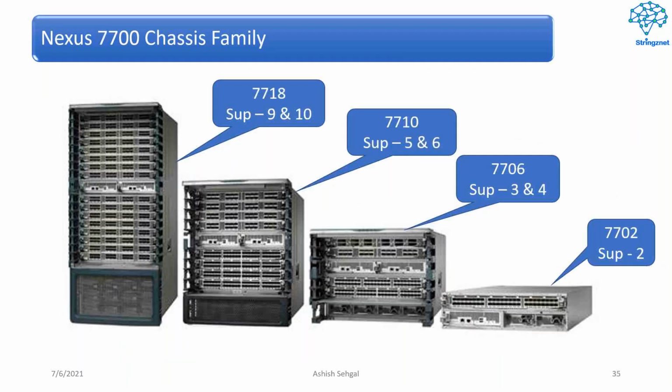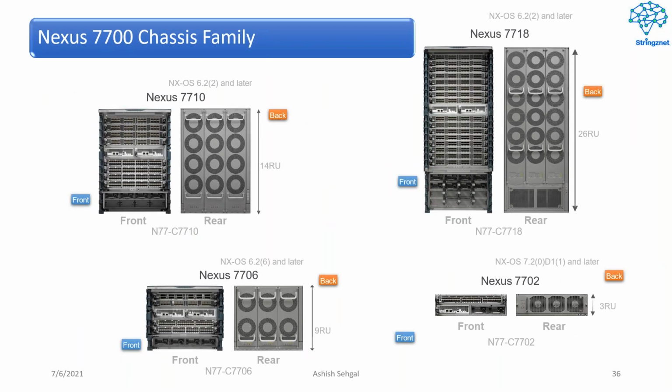And you know what? Consequently, Cisco came up with the 7700 series chassis, not only because of this reason, but for the standard airflow, front cold, rear hot. This is what we are seeing in 99.9% of switches.